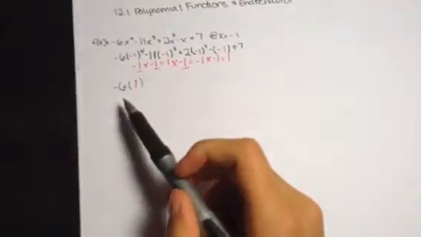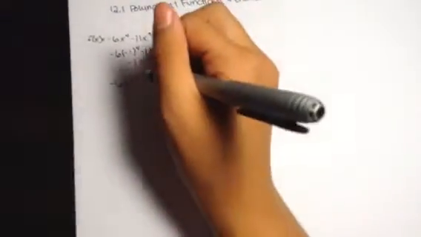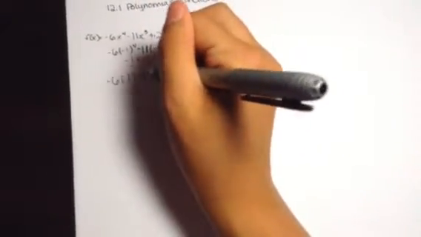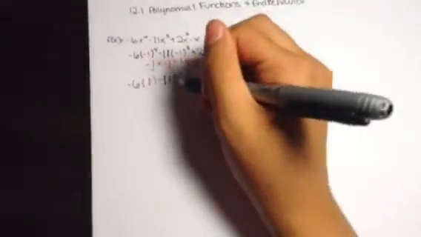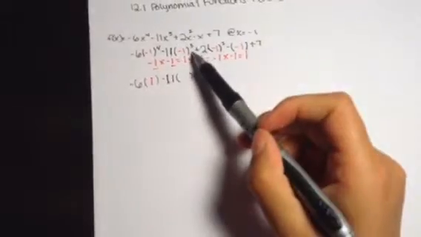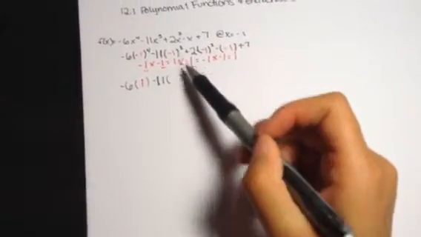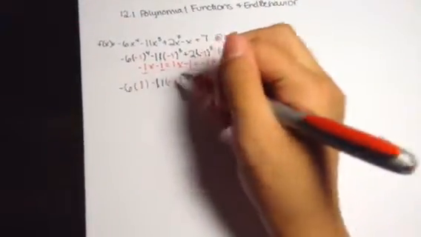So I have positive 1 still times negative 6x, minus 11, and here I have an odd power, so that'll make this negative. So I have negative 1 here.